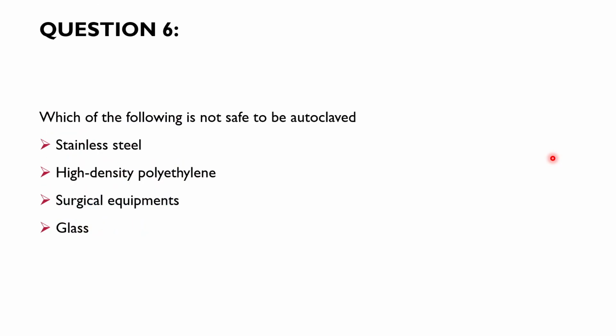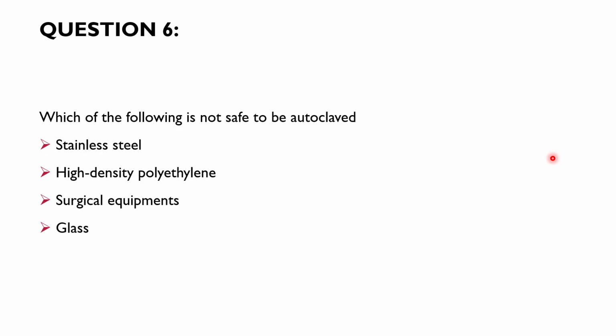Question number 6 is, which of the following is not safe to be autoclaved? Stainless steel, high density polyethylene, surgical equipments, or glass? You can write in the chat box what you think the right option is.